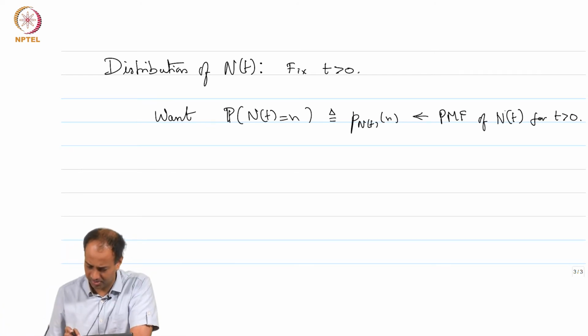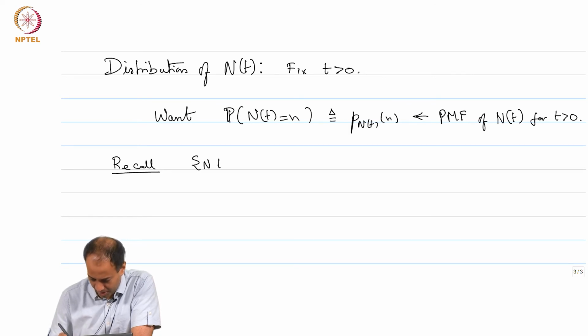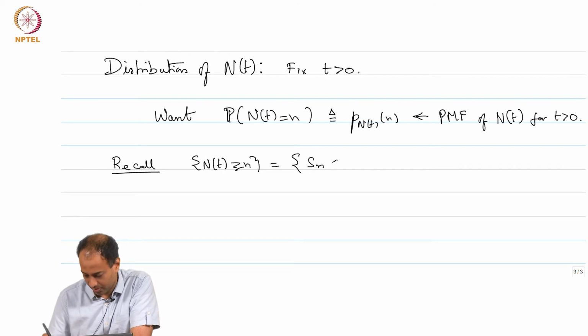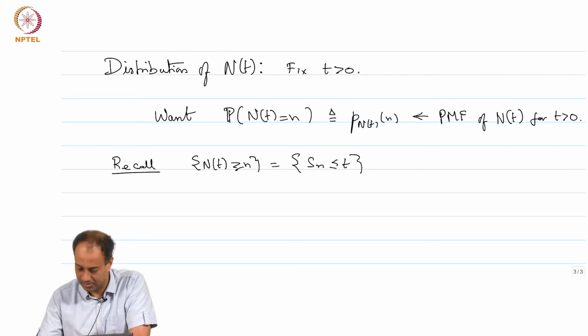Now, recall that there is this equivalence. Recall that the event N_t greater than or equal to n is equal to the event that S_n is less than or equal to t.